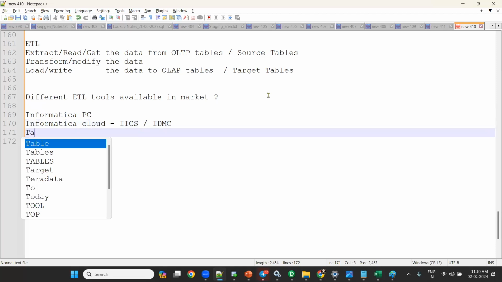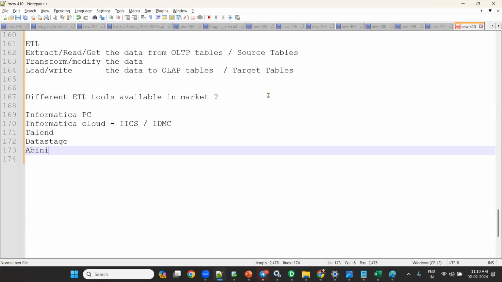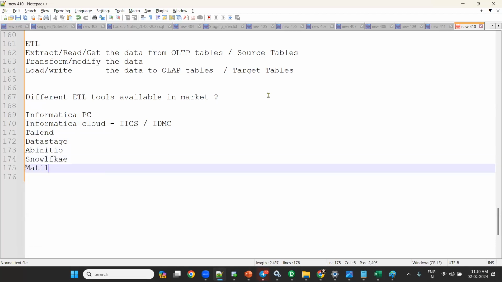Talend, Ab Initio, DataStage. Then what else? Snowflake is also an ETL tool. Matillion is also an ETL tool. These are all ETL tools. The work will be the same, but the tools are different.